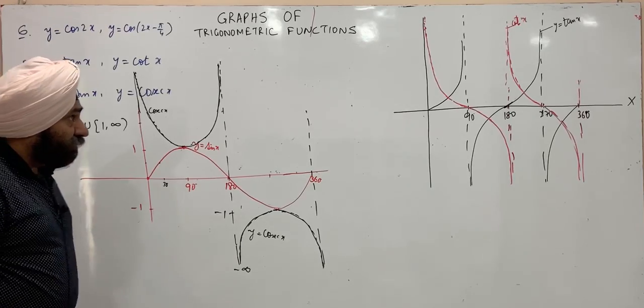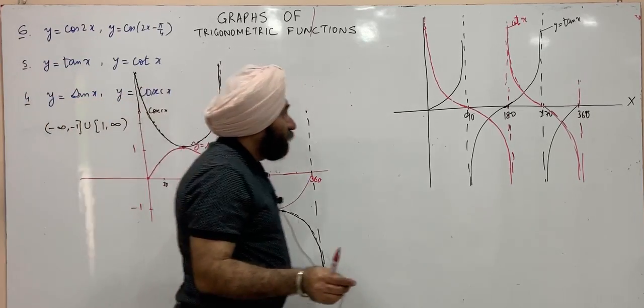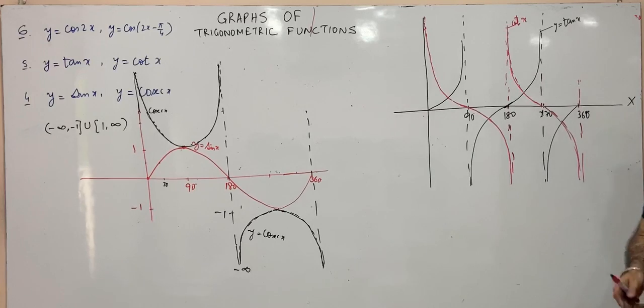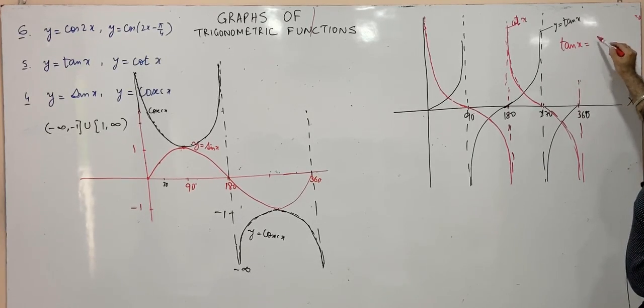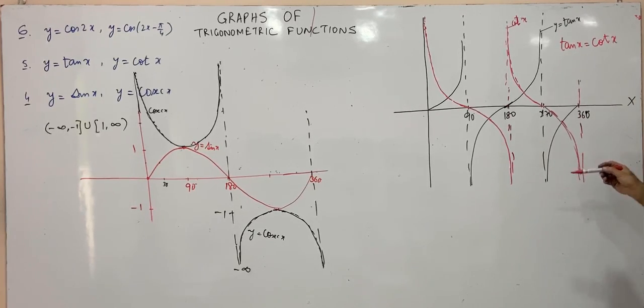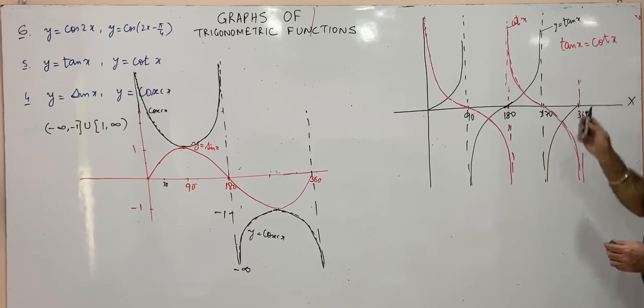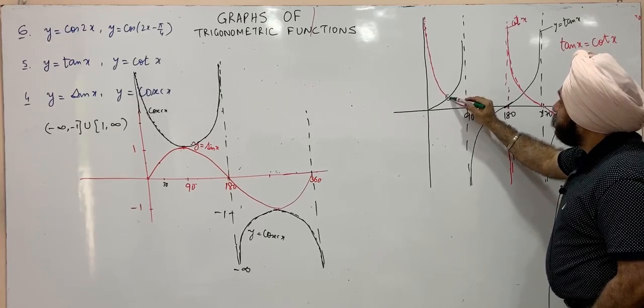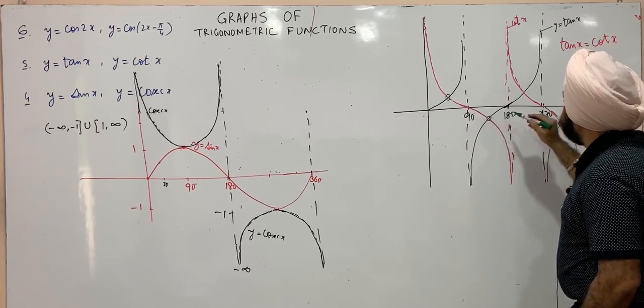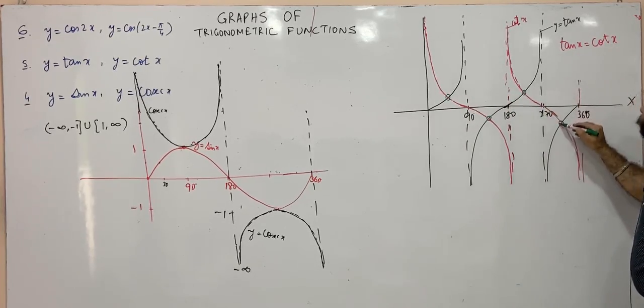We can solve certain equations using graphs. Like if the question is: solve tan of x is equal to cot of x. So tan of x is equal to cot of x means on the graph we have to identify points where the graphs of tan x and cot x intersect. We can see an intersection here, that's 1 point, this is 2, this is 3 and this is 4.